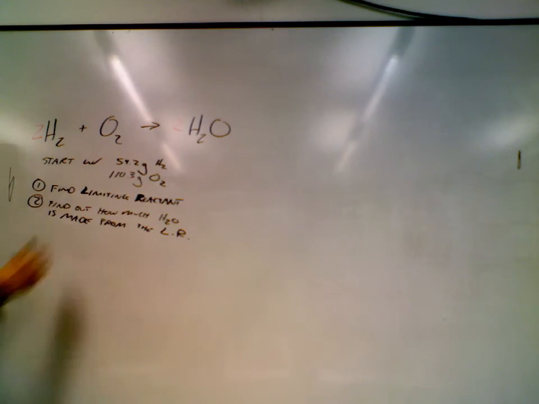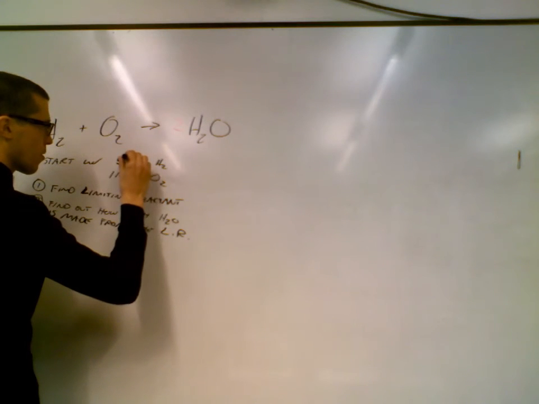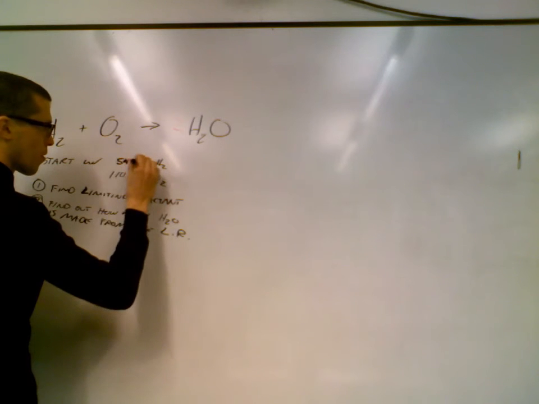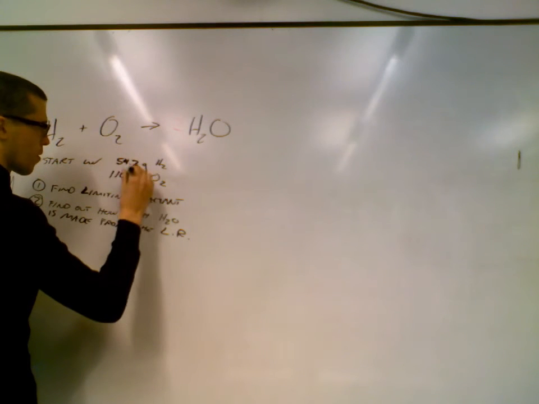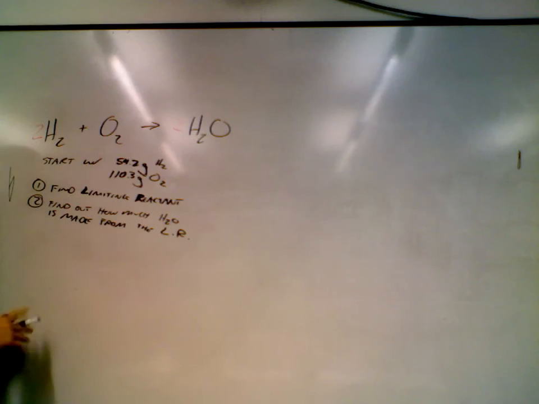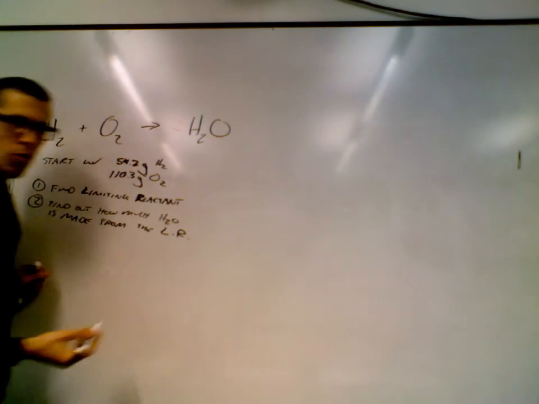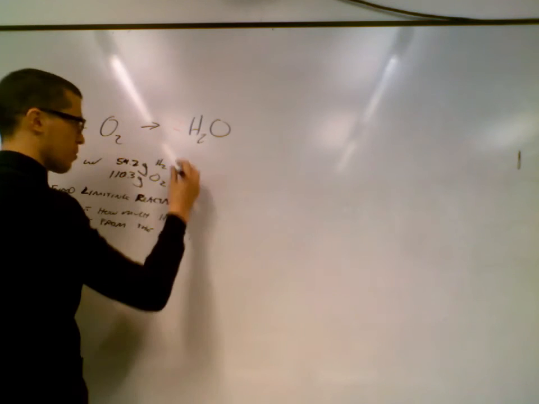Okay. So, what do you want to start off with? Sam, can you help me? We start off with 54.2 grams times 1 mole of H2 over. It's going to be kind of small writing up here because we have to fit a lot in a small space.